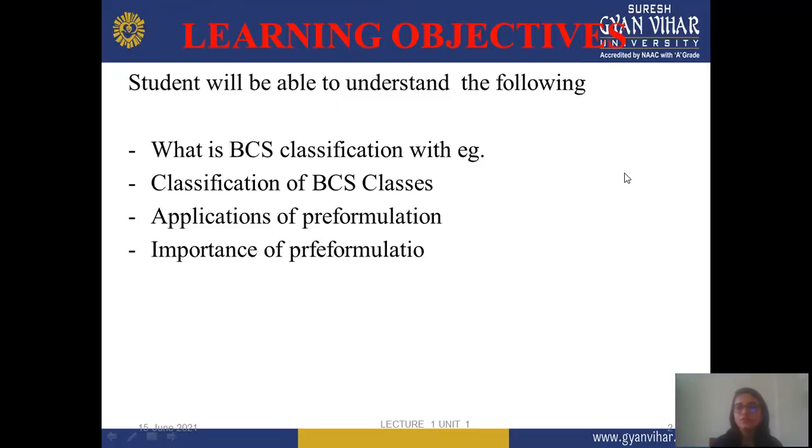Then the application of pre-formulation: why pre-formulation is performed, why this study is important, and which industry uses it. Next is the importance of pre-formulation.